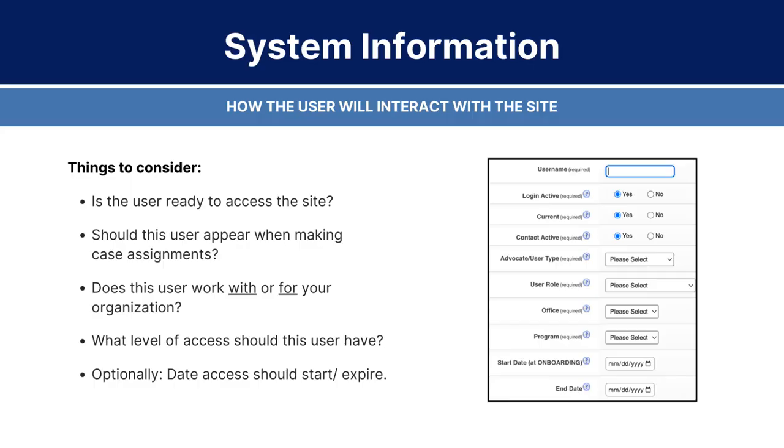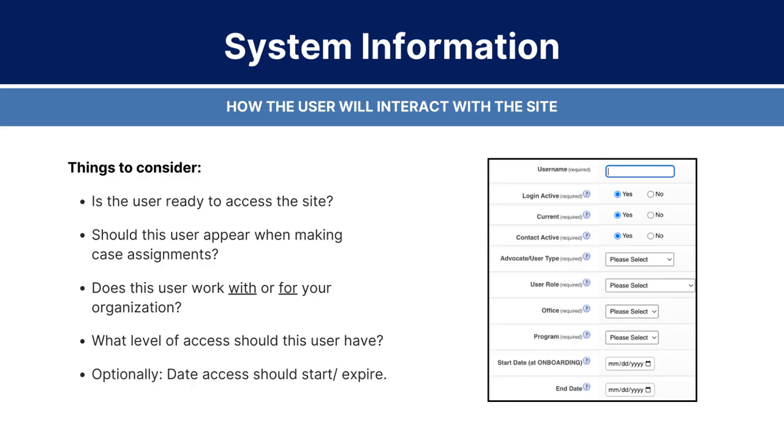Does this user work with or for your organization? Should they be a staff member, or are they a pro bono assignment or pro bono advocate or attorney? What level of access should this user have? What should their user role be?